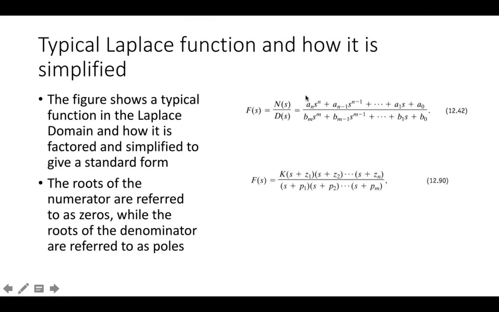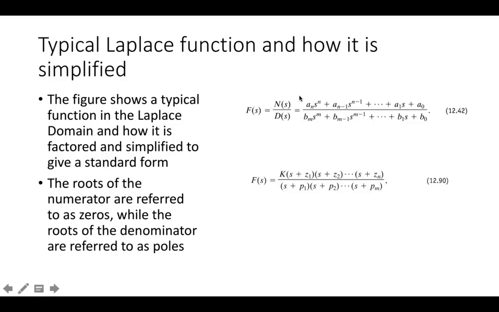So here is an example of a typical Laplace function and how it's simplified. So we start out with some N of s over D of s, and we place the polynomials N and D respectively in descending order of powers, each multiplied by the coefficient, and then typically you will factor out the coefficient on the highest order term in the numerator, as well as the coefficient on the highest order term in the denominator.